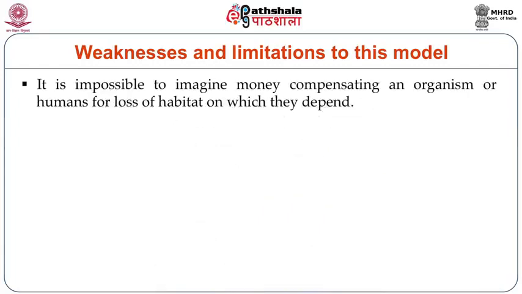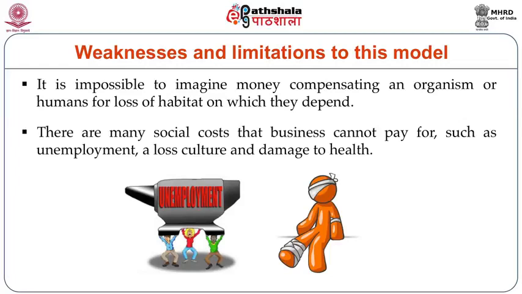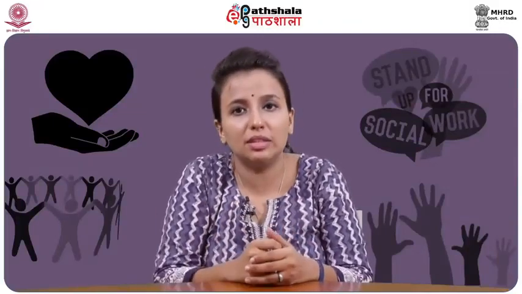It is impossible to imagine money compensating an organism or humans for loss of habitat on which they depend. There are many social costs that business cannot pay for, such as unemployment or a loss of culture or damage to health, or as I was explaining, loss of forest or plantation wherein biodiversity is lost.